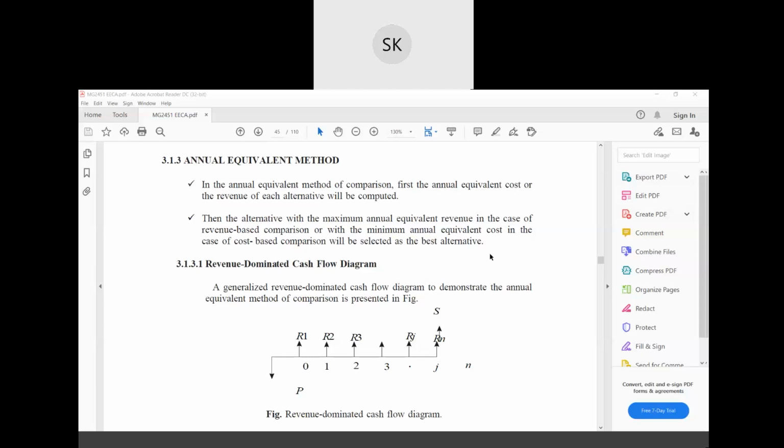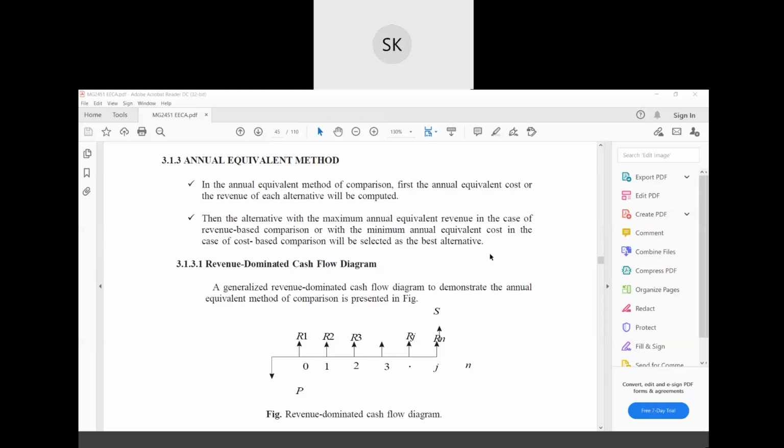Now from that comparison there are four methods. From that comparison you can find out how much revenue you have generated, how much expenditure you have done. So basically there are two ways to do the comparison, which are called the revenue dominated cash flow diagram and the cost dominated cash flow diagram.